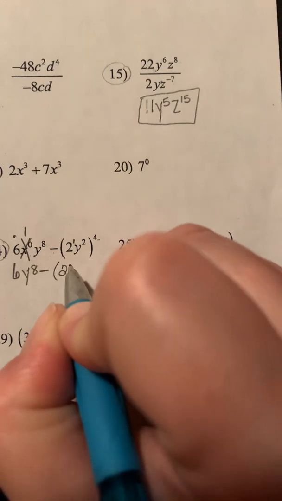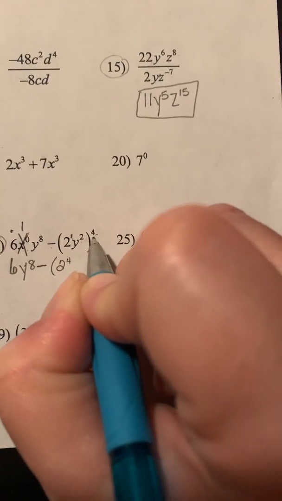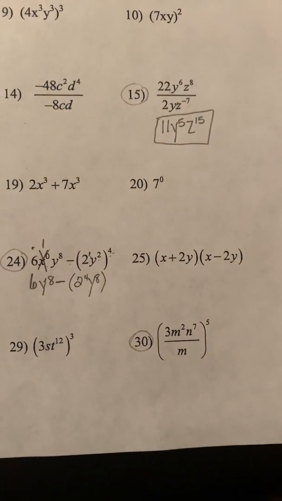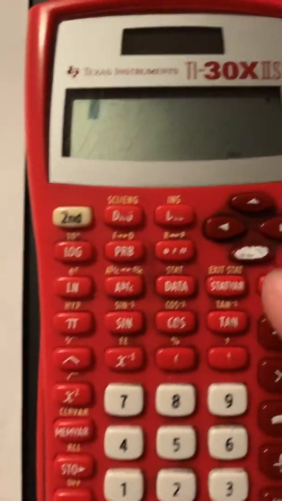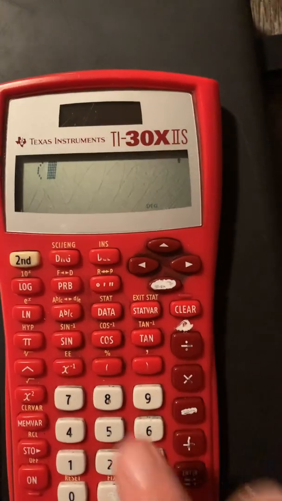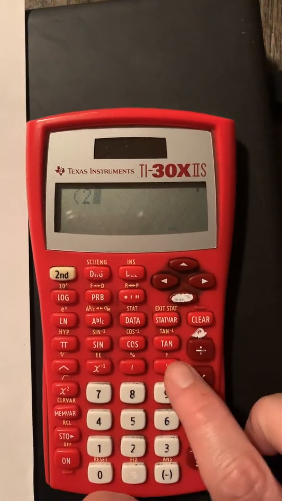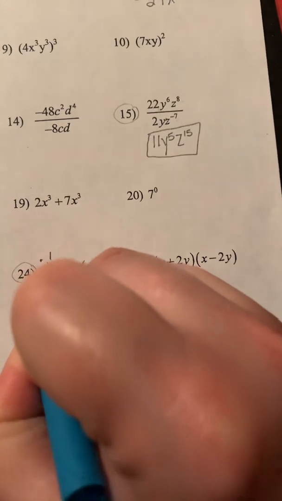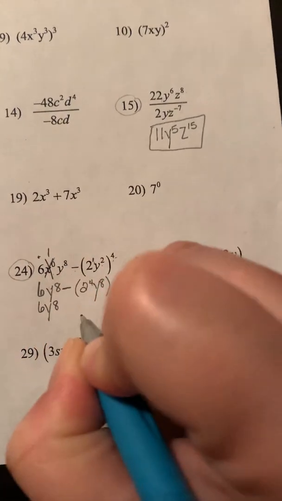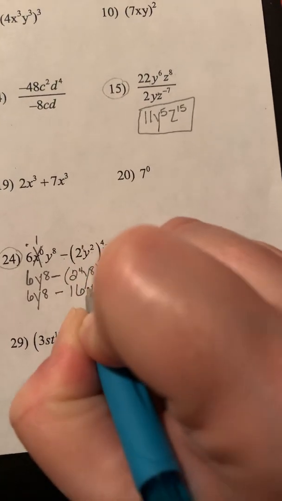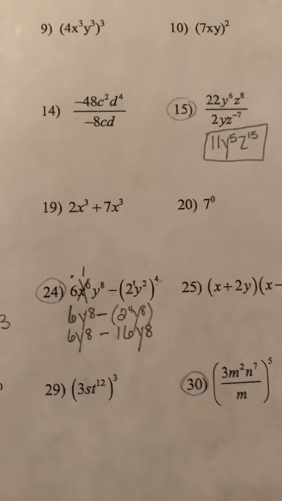So this would be 2 to the 4th. 2 times this 4, y to the 8th. So we've got 2 to the 4th power, so 2 raised to the 4th power, 16. So we've got 6y to the 8th minus 16y to the 8th.